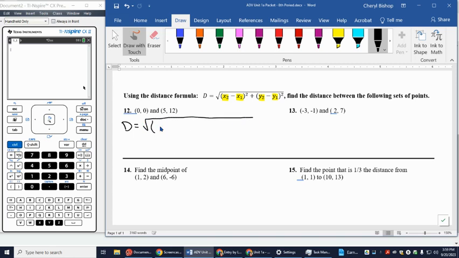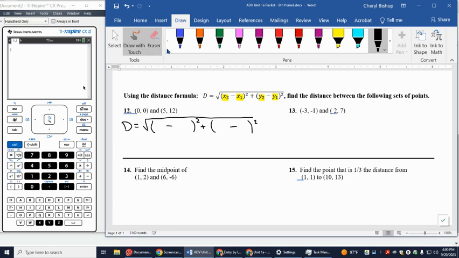So parentheses, leave a space, minus, leave a space, parentheses squared. Plus, don't forget this plus sign. I see a lot of you come up to me and show me your calculators and you have forgotten this plus sign. And then you're not sure why you didn't get the right answer. Don't forget that plus. Because remember, this is really a squared plus b squared. So you need that plus.